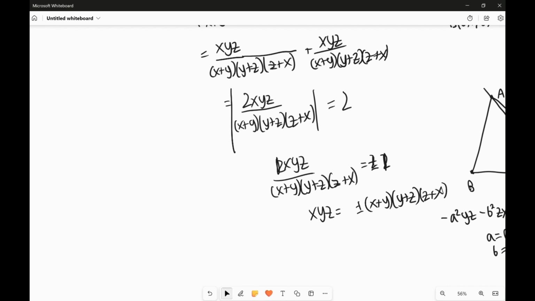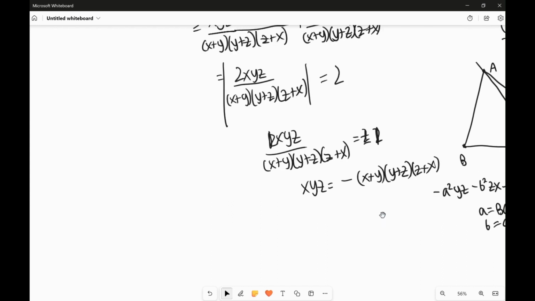Let's actually show that the minus sign holds. If we expand everything, we get x squared y plus y squared x plus z squared x plus xz squared plus y squared z plus z squared y plus 3xyz is equal to 0.